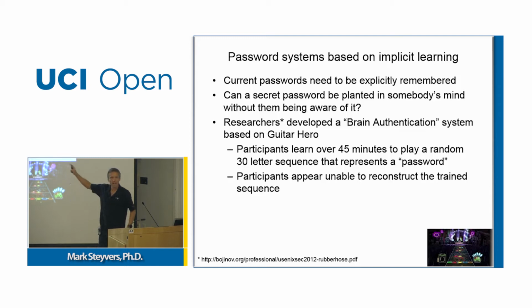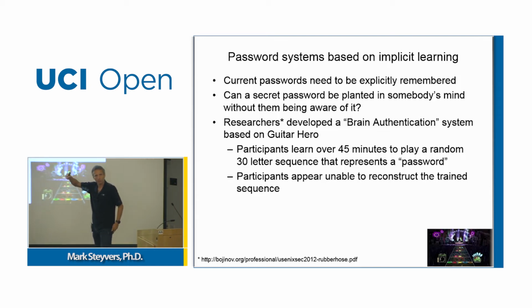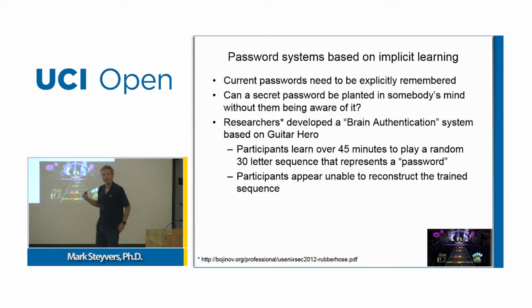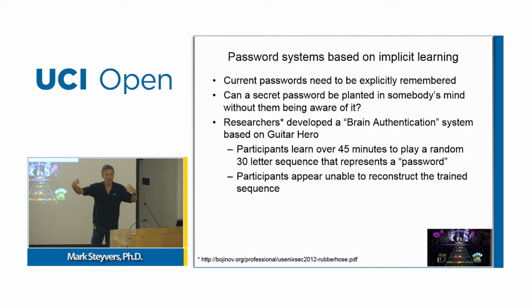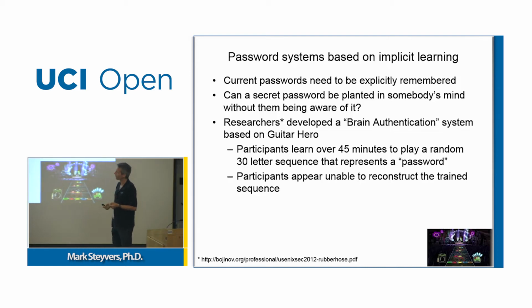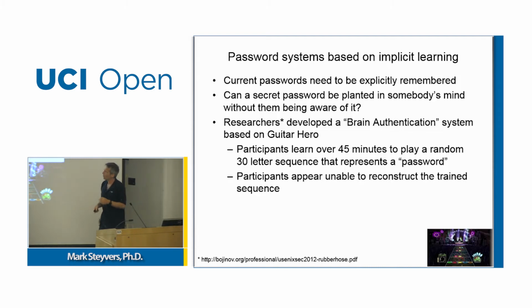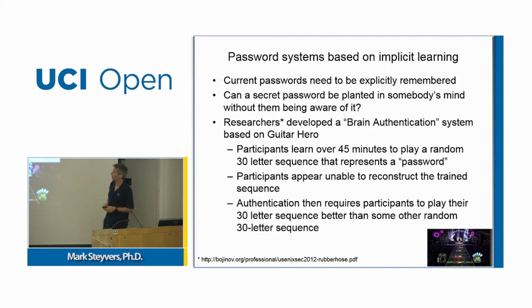When you ask participants to reconstruct that sequence that they've just learned for 45 minutes, they can't retrieve it. Because it's so random, it's so long, the sequence is 30 symbols or buttons long. So you don't have an explicit memory for it. You cannot even recognize it if it's shown to you right in front of you.